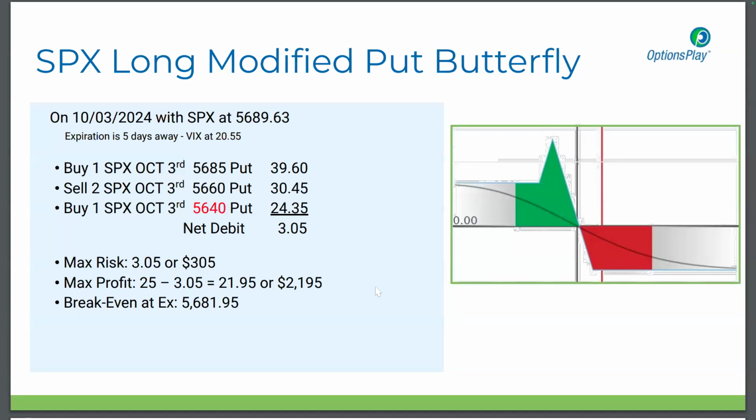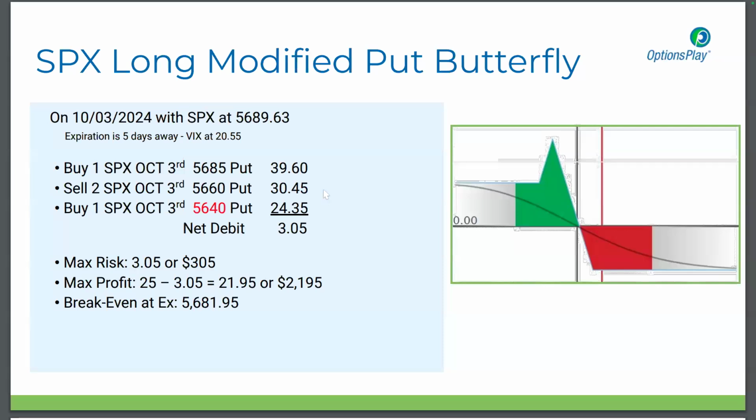Okay, so with that said, P&L at 5660. At 5660, if we're at expiration, it's going to be 25 points minus the net debit paid, or 21.95.